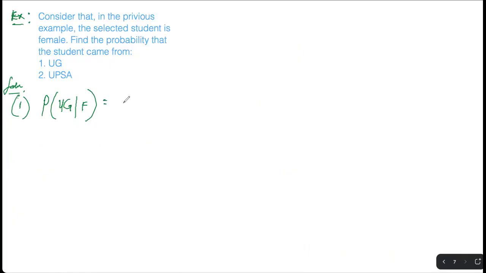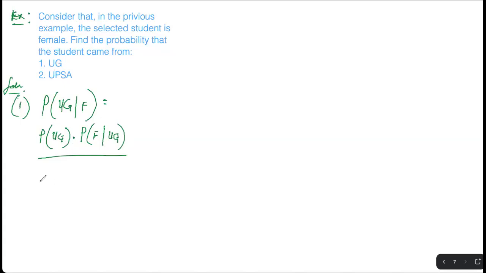So the probability of UG given F is given by the probability of UG multiplying the probability of F given UG, all over the sum.